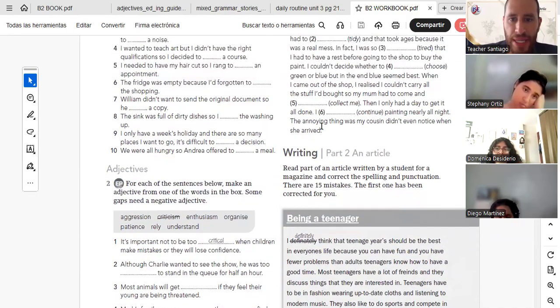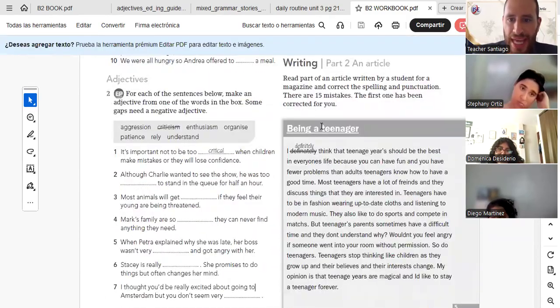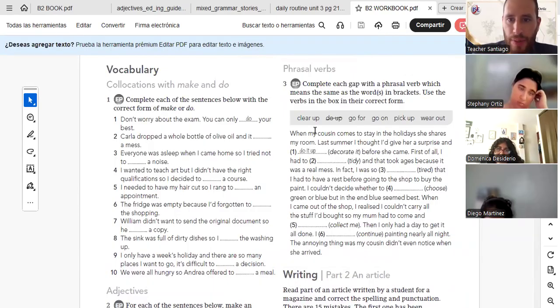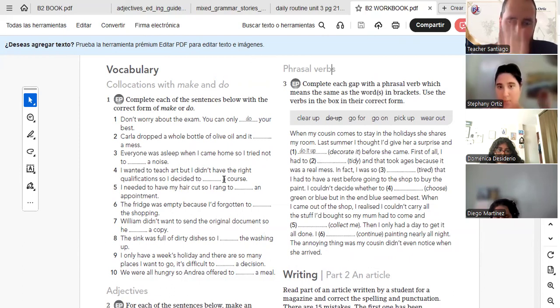So page 5, just until this part. These exercises, the one where we use the phrasal verbs. So page 5, complete with the collocations make or do, and the phrasal verbs. That's all. You do the whole page 4 and just these two exercises from page 5. Okay, it's clear. That's the homework.